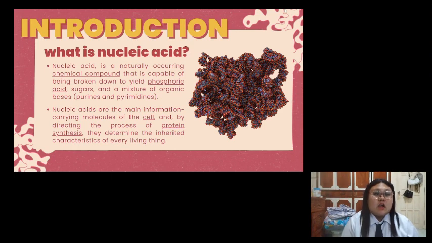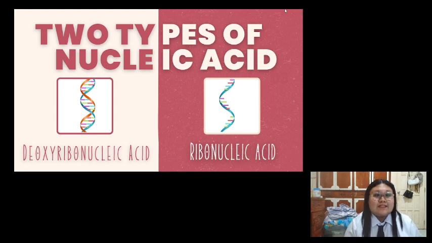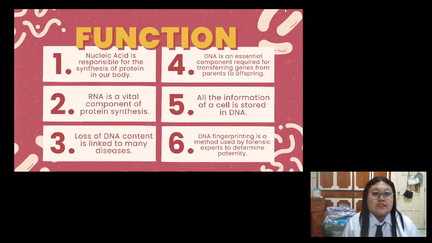Nucleic acids are essential biomolecules that play a crucial role in the storage and expression of genetic information of living organisms. There are two types of nucleic acids, deoxyribonucleic acid and ribonucleic acid, which are DNA and RNA. And here are some functions of the nucleic acids. Number 1. Nucleic acids are responsible for protein synthesis in our body. Number 2. RNA is a vital component of protein synthesis.